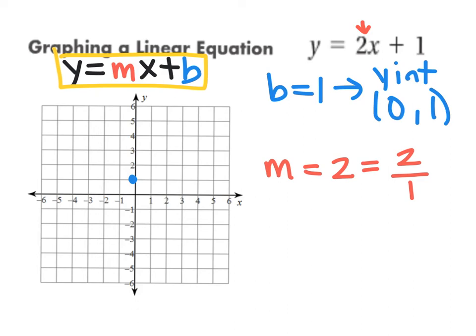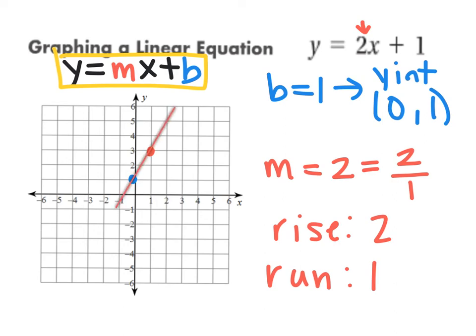This tells us that the rise is 2 and the run is 1. So I'm going to move up 2 units and over 1 unit, and then I will draw in my line. Make sure that you extend your line throughout the entire graph and put the arrows on both ends.